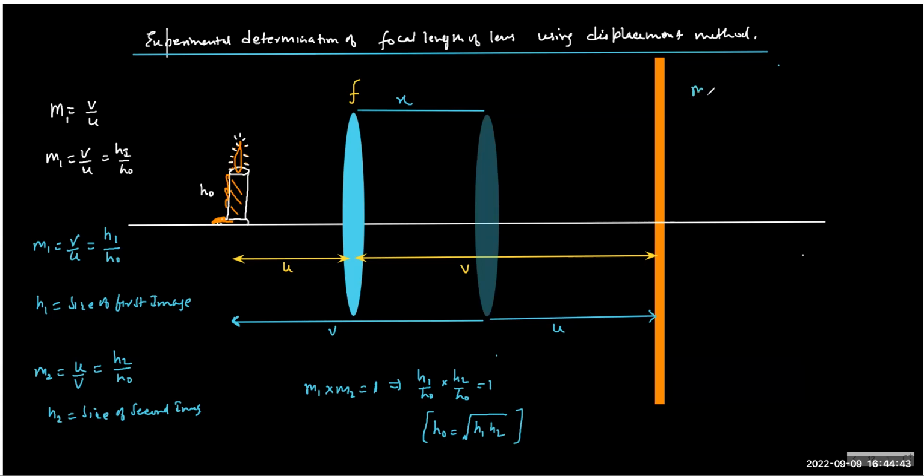Now, what we want next is the difference M1 minus M2, because M1 is bigger and M2 is smaller, so I can take the difference. So V by U minus U by V, which is V square minus U square by UV, isn't it? Yes.